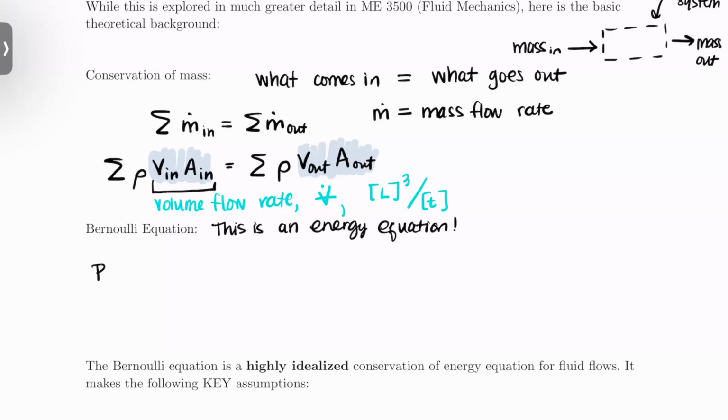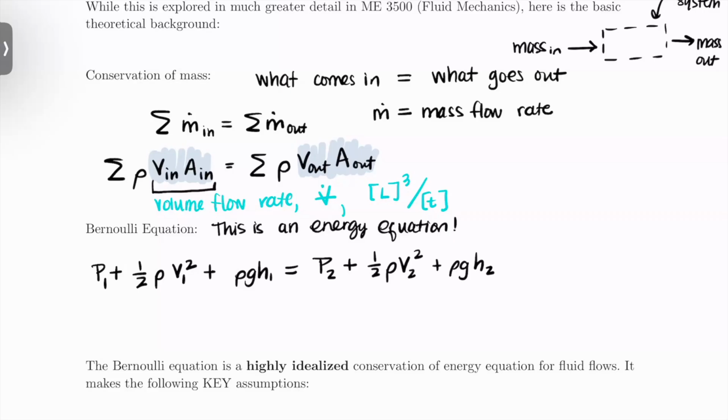So we have pressure in one location plus 1/2 the density times the velocity squared at our first location, plus rho g h at our first location, and this is going to equal the pressure at some second location plus 1/2 rho times the velocity at the second location squared plus rho g h at the second location.